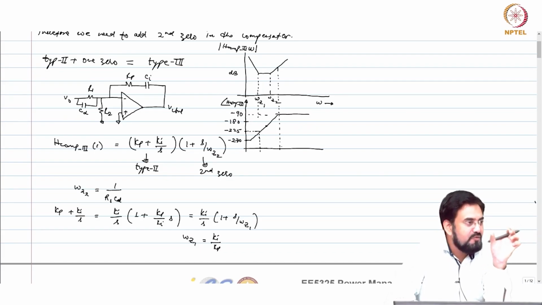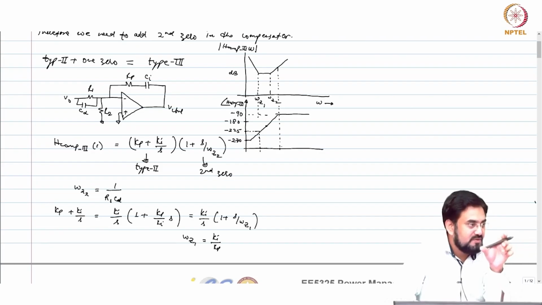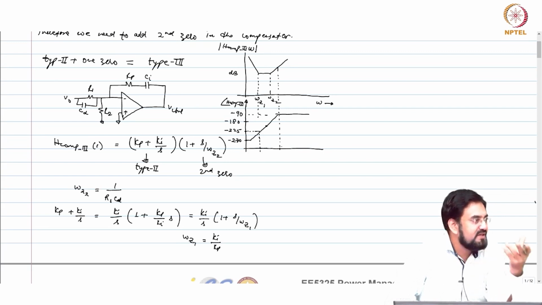How early you have omega Z2 from UGB will decide your phase margin, tan inverse of omega UGB over omega Z2. So if you have 1 decade of difference, then you will get almost 90-degree phase boost, and that will define your phase margin.